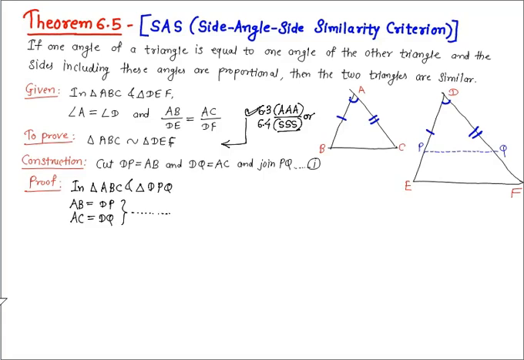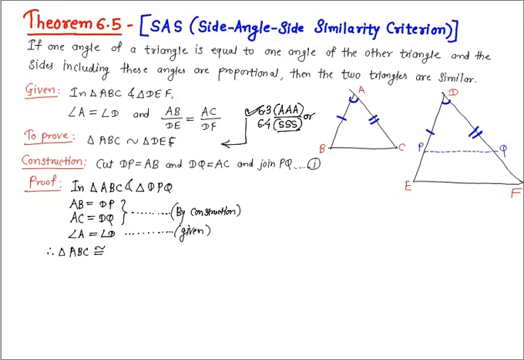This is by construction. And angle A is equal to angle D. This is given, right? So by side angle side criteria, we can say triangle ABC is congruent to triangle DPQ.